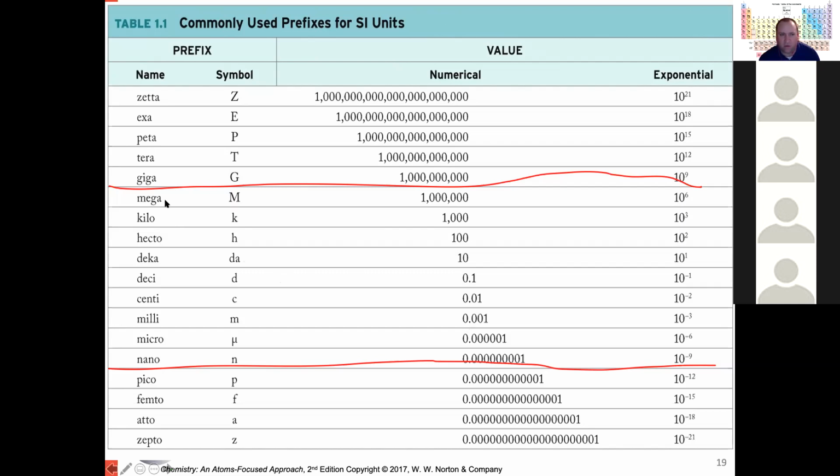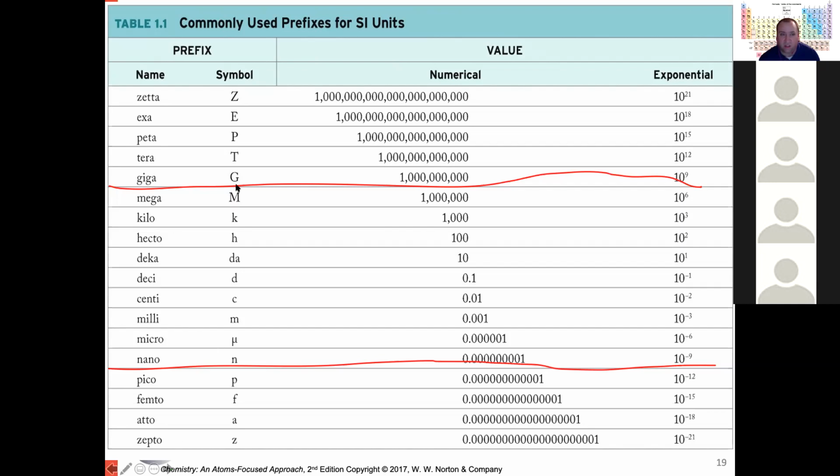Now, for the most part, you're familiar with a number of these already. Considering that you're watching this video right now, you're familiar with the concept of megabytes and gigabytes. That's how you measure internet speed. That's how you measure capacity on your computer. That's how you measure a lot of things that are technology and bandwidth related.